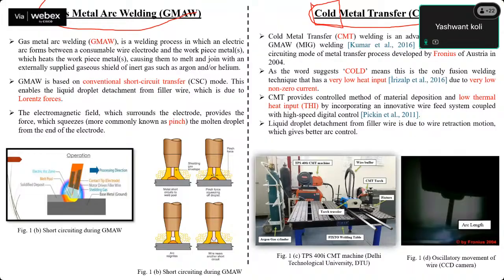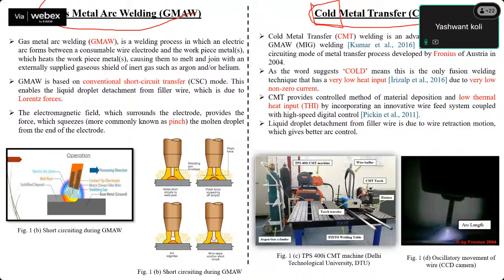It controls everything, the filler wire, at what time the filler wire has to step back or make an oscillating motion. At the time of short circuiting, it is controlling. The liquid droplet detachment from the filler wire is due to the wire retraction motion, which gives better arc control.